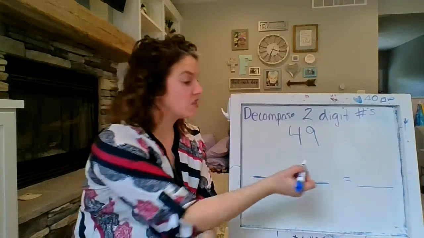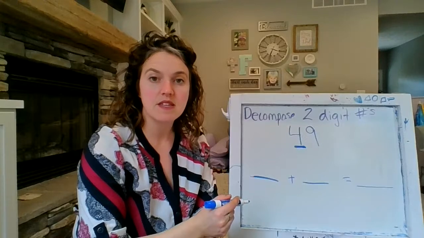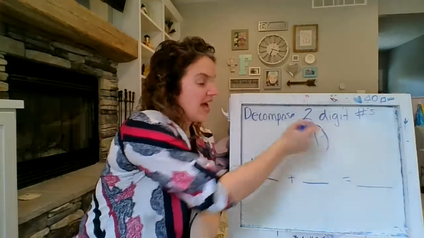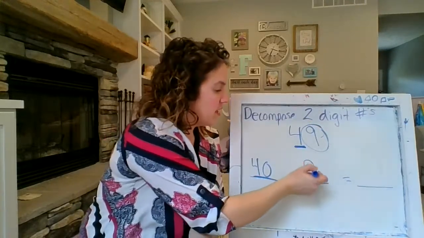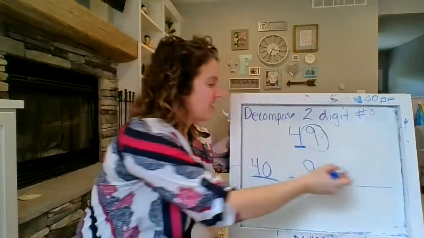All right, so let's take a look at our tens place. The value of that 4 actually means 40. You got it. And then this 9 means 9. It's in the ones place. So 40 plus 9 equals 49.